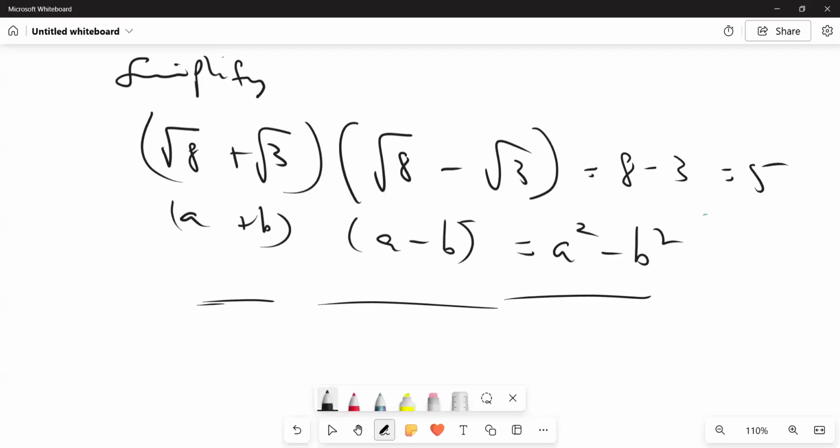Sometimes the first thing that comes to your mind is brute force and ignorance: work the thing out and multiply everything out. But if you can remember these things and say, this has some resemblance to something I saw before, that's where you become familiar with these things by working in the area.